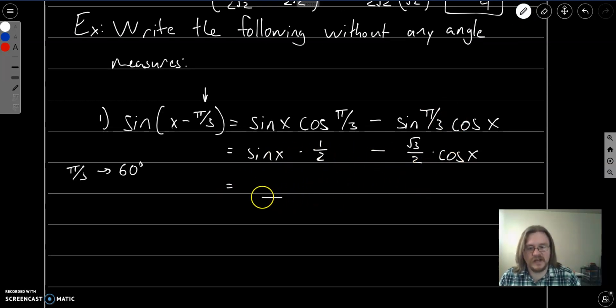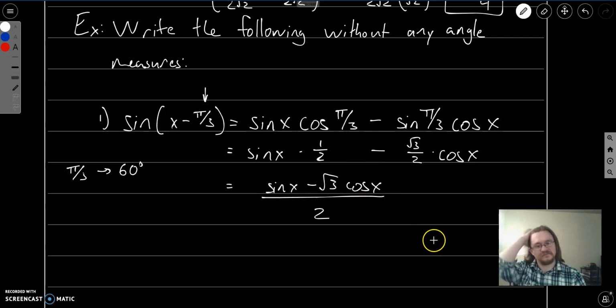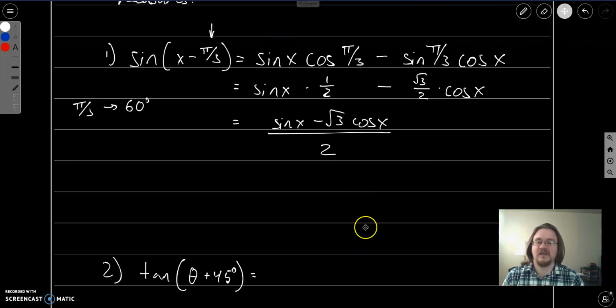Both of these are times 1/2, so I'll just write this over 2, and I've got sine x minus root 3 times the cosine of x. And there we go. So we've been able to write this without any explicit angles showing up. This is sine x minus root 3 cosine x, over 2.